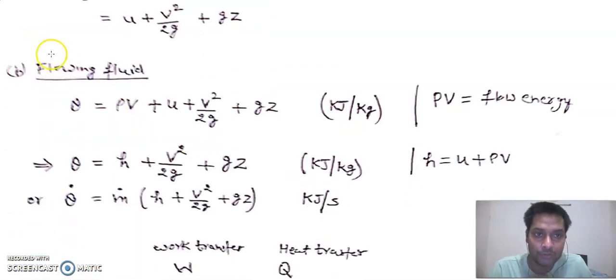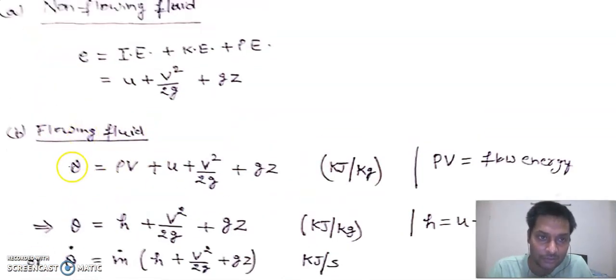if we have a flowing fluid, in that case the total energy will be equal to PV, which represents the flow energy, plus its internal energy U plus its kinetic energy and potential energy. So in a flowing fluid we have flow energy plus whatever energy we had in the case of non-flowing fluid.